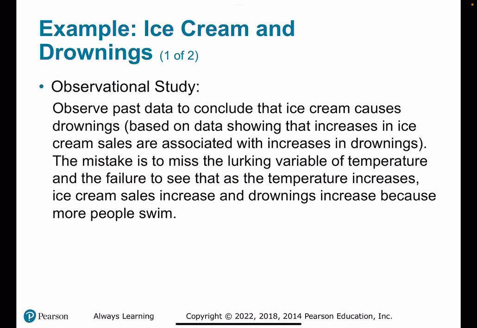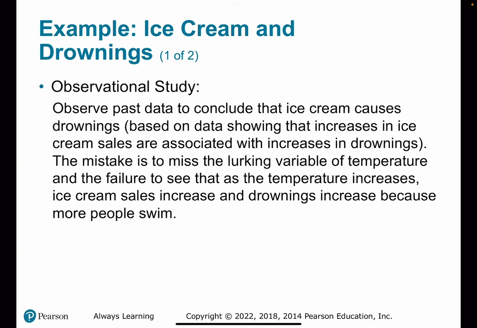So here we have an example of ice cream and drownings. And of course, this is designed to illuminate a mistake here, because certainly ice cream does not cause drownings. But based on data, someone could be led to conclude that if they're only considering the data.